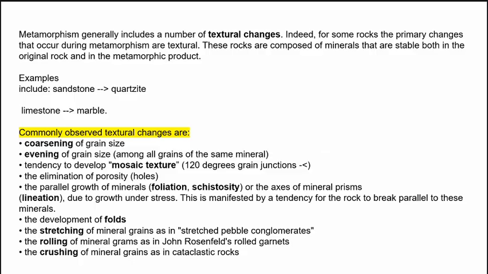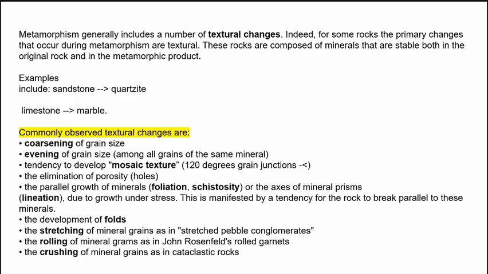I'll still show you when I'm describing the different stages of metamorphism. So you have crushing. These occur in cataclastic metamorphism. So all these are textural changes that can occur in a rock during metamorphism.